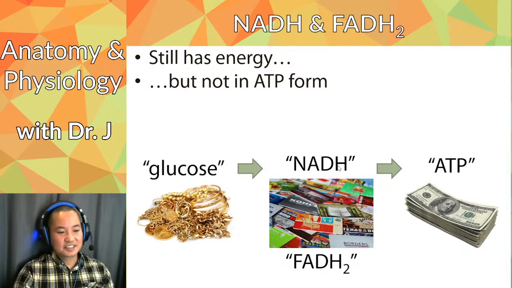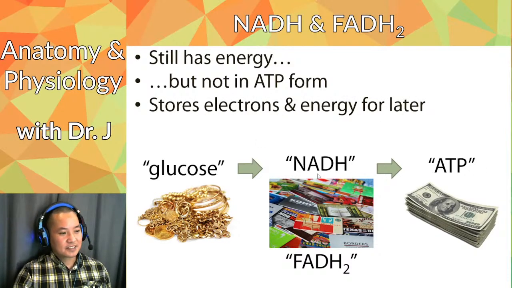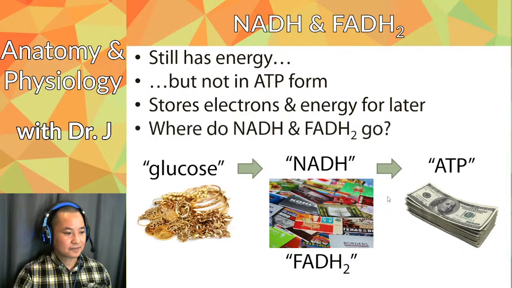So glucose is just different forms of energy. That's what we're getting at here. This NADH and FADH2 is an intermediate step in converting the energy from glucose into ATP. What it does is store electrons, protons, and energy for later.